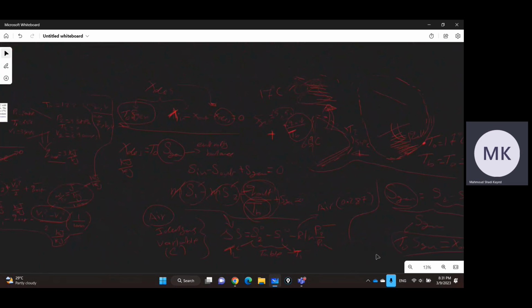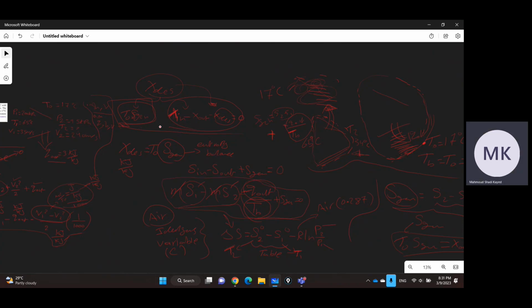So now this is the first way, which is finding the Exergy destroyed using T naught S generation. Now we will find it using the Exergy balance. But here you can see how simple the entropy balance was to find the S gen.